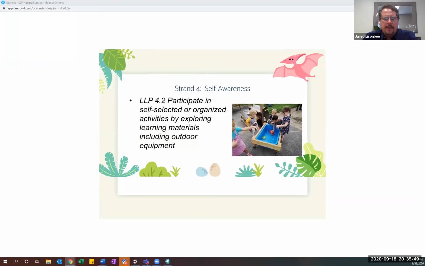So this language here, by exploring learning materials, including the outdoor equipment, is really to highlight that idea that outside is still very much prime learning time.